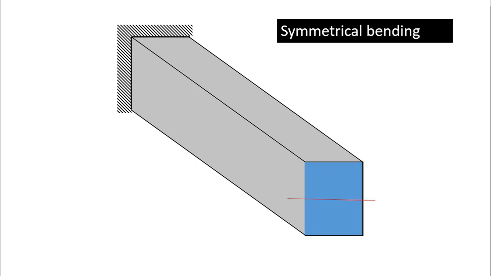This is your x-axis, symmetrical with respect to the x-axis, and you also have this particular one, the y-axis.